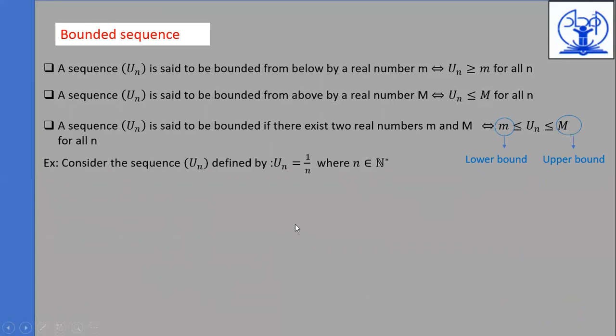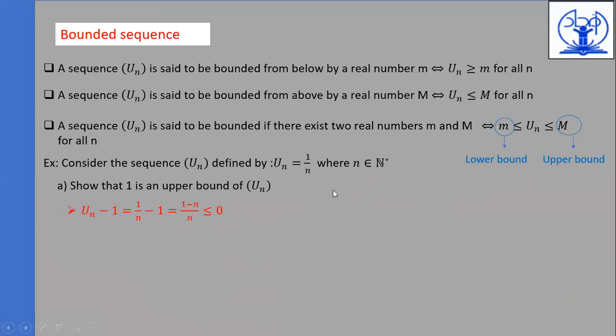Example, consider the sequence un defined by un equals 1 over n. Prove that 1 is an upper bound. To prove that 1 is an upper bound, we need to prove that all the terms are less than or equal to 1. How can we do this? We find un minus 1. It should be negative. un minus 1 is 1 over n minus 1 equals 1 minus n over n.